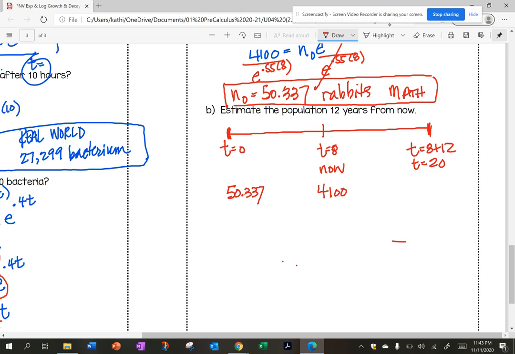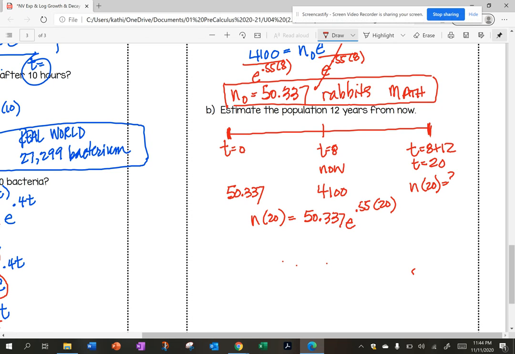And I want to know here at n sub 20, how many rabbits do I have? Okay, so I would set in my equation, n of 20 equals 50.337, because I want to use my initial amount, e to the 0.55 times 20.